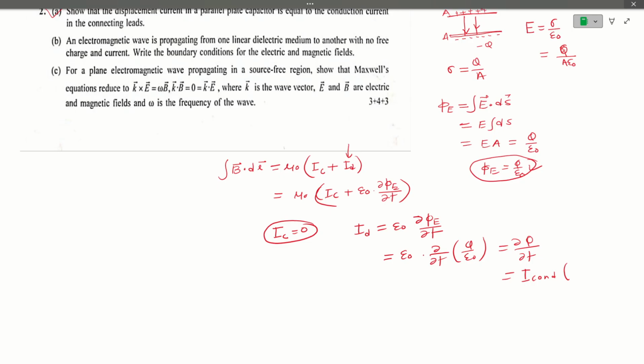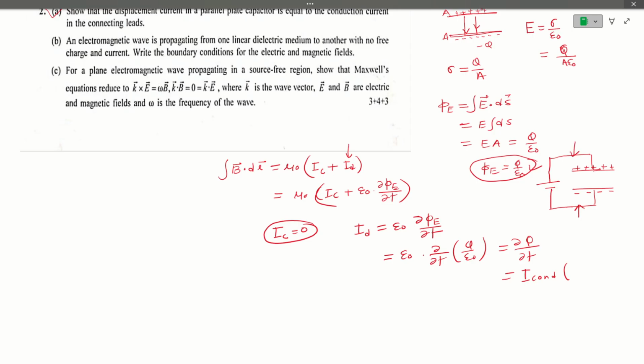Connecting leads means the wire which connects the capacitor to the external circuit. Basically, if you take a battery connected with this capacitor, then this wire is called the connecting leads.